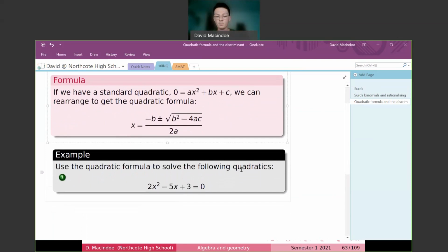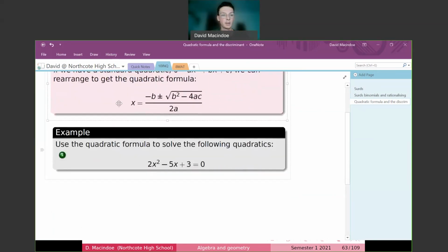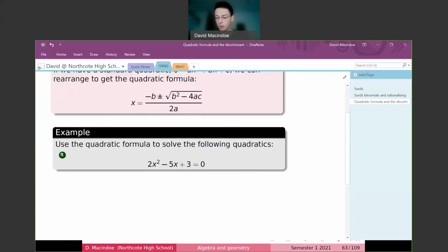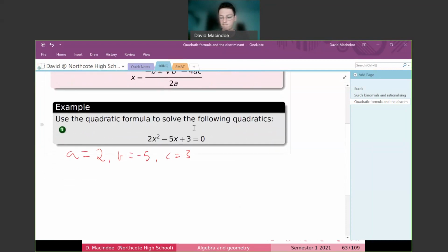So here we are. If you really want to take your time with this stuff, what you could do is right at the top, write in what each of your parameters are. So if we look at this, our parameter a is 2, the coefficient of x squared. Our parameter b is -5, and c is 3. And so there we go, not too bad.